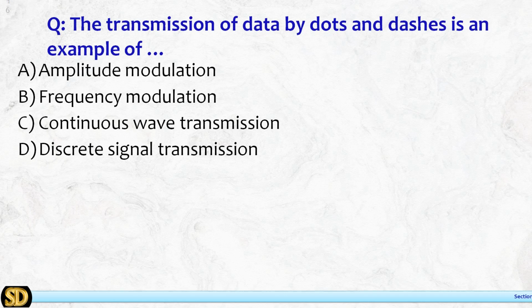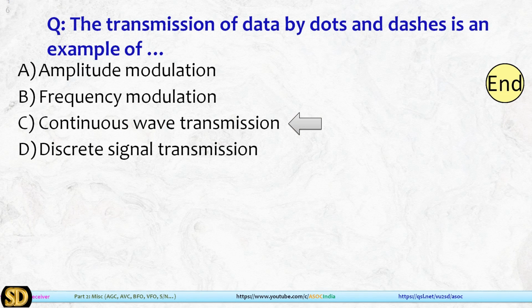The transmission of data by dots and dashes is an example of what? AM, FM, CW or discrete signal transmission. Choose the right answer. By dots and dashes, or Morse code, it is continuous wave transmission or CW transmission.